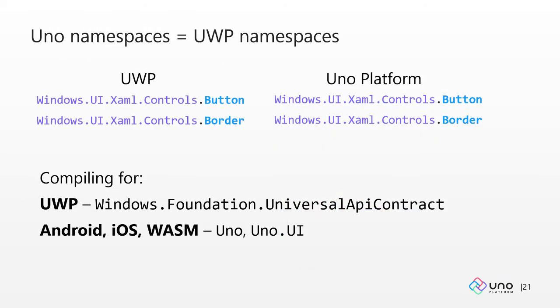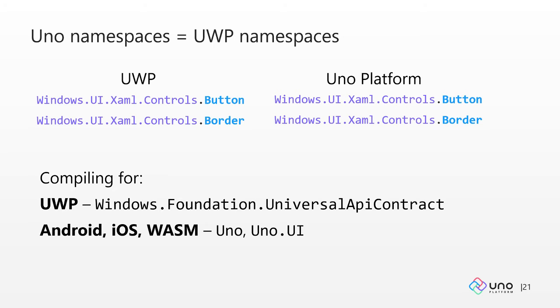Uno namespaces are mapping directly to UWP namespaces. This is the cornerstone by which the whole system works. Because if you use a Windows UI XAML controls button, there has to be a Windows UI XAML controls button in Uno platform as well.